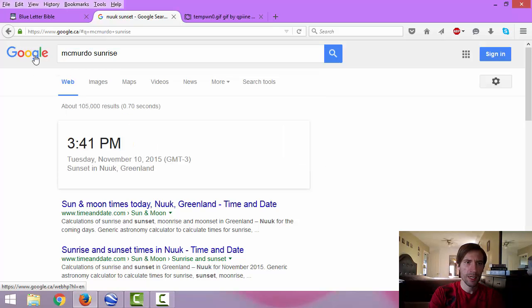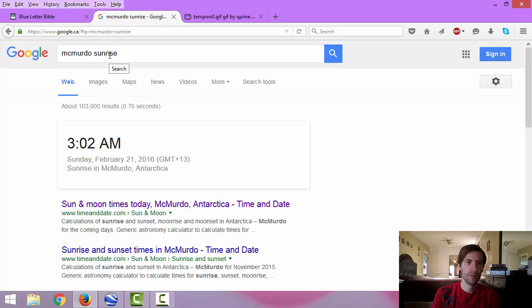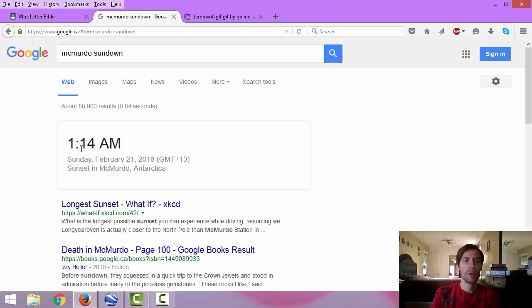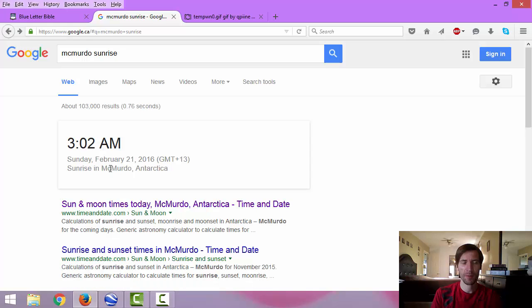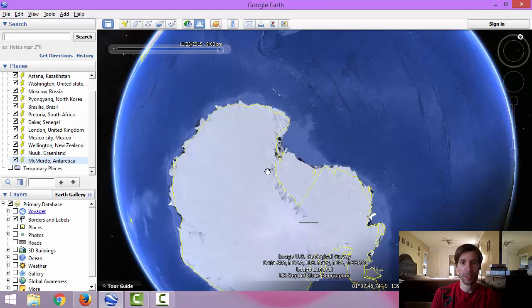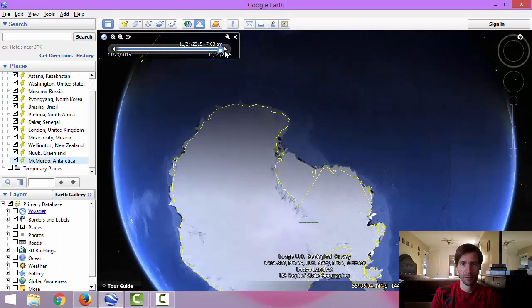McMurdo sunrise, 3 a.m. Sundown, 1:14 a.m. See? So the sun sets at 1:14, but it rises at 3 a.m. So they basically have 2 hours of not even darkness, just look at that.